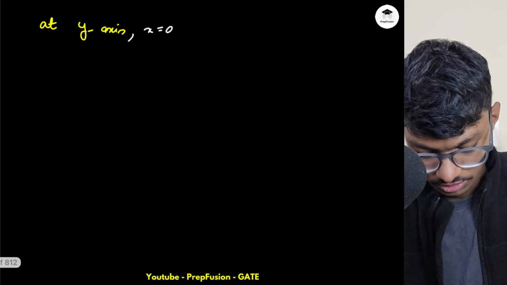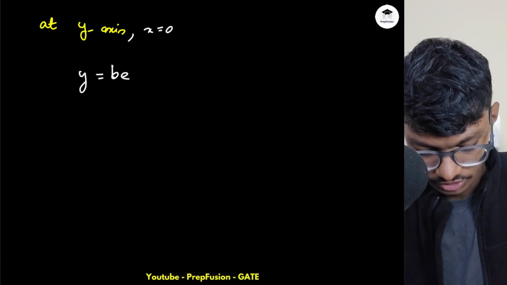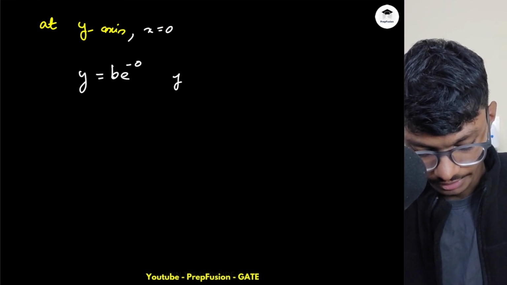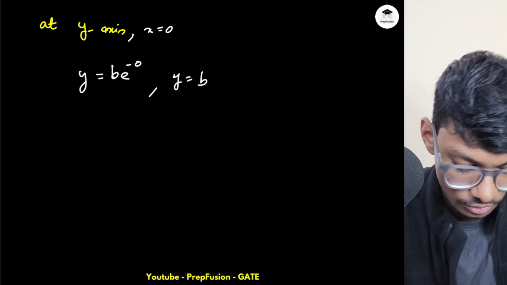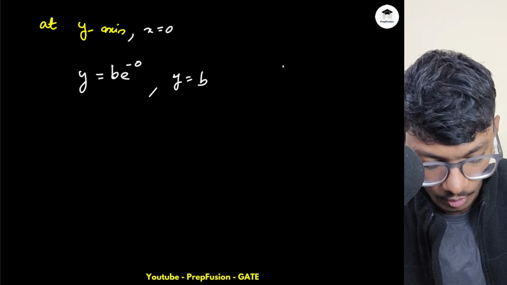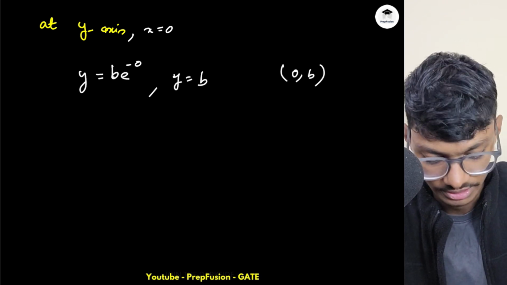So y equals b raised to the power e raised to the power minus 0. So y equals simply b, because e raised to the power minus 0 is 1. So the point at which we have to find the equation of the tangent and normal is (0, b).